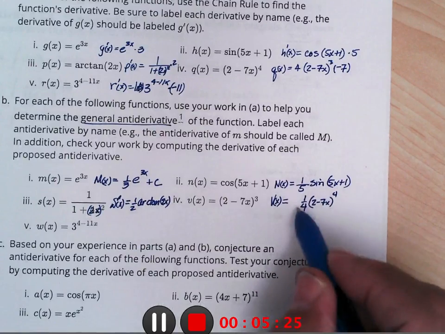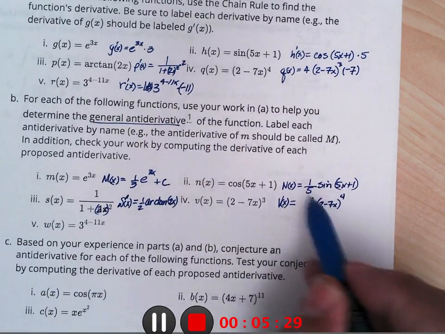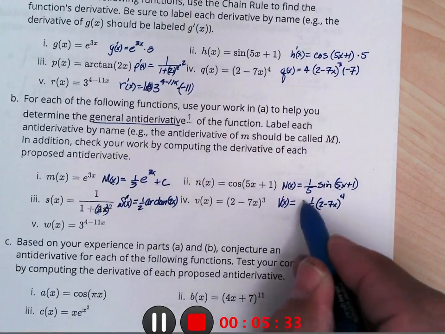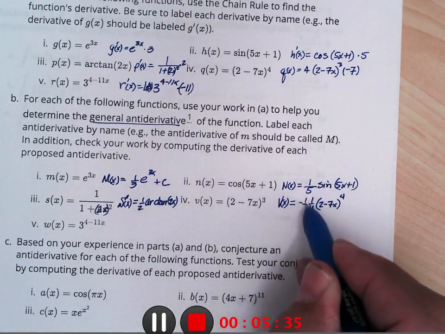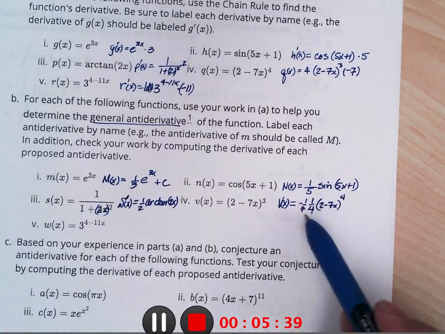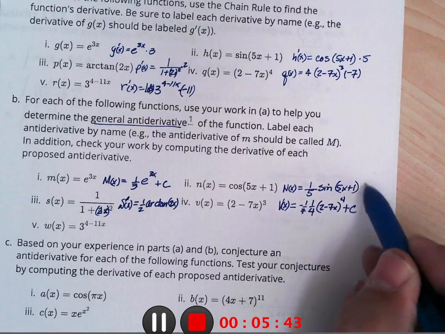And that power thing, we got the 4, so we have to add 1/4. We have to get rid of that -7, so we have to go -1/7 times 1/4. So it's -1/28 that to the 4th. Oh, I kept forgetting here. Plus C, plus C, plus C.